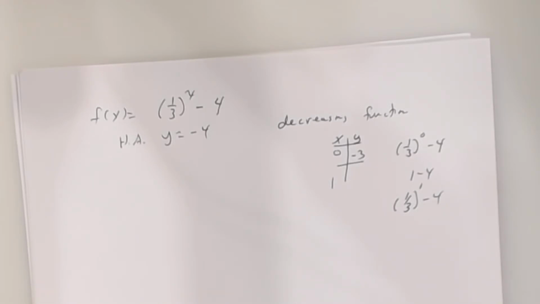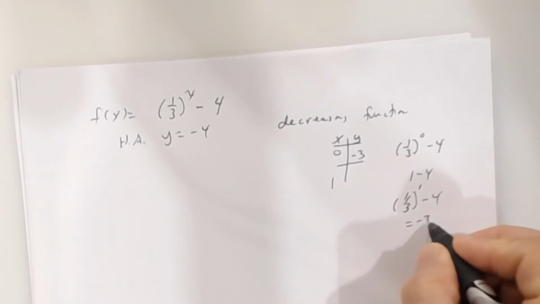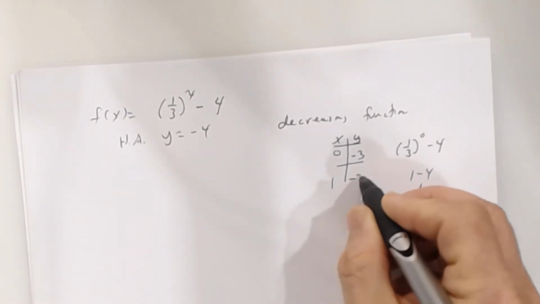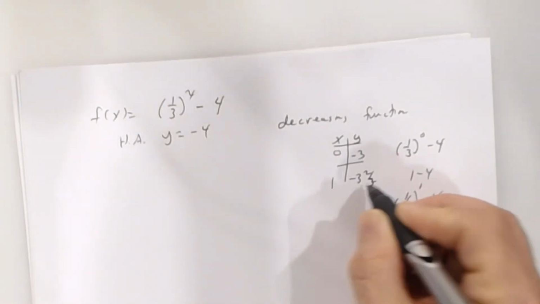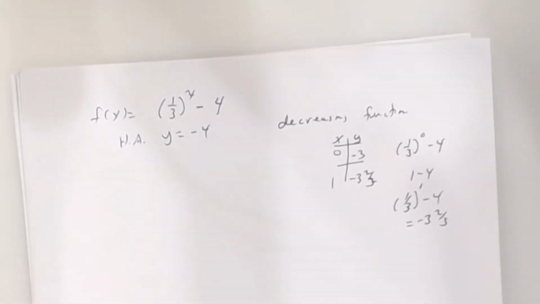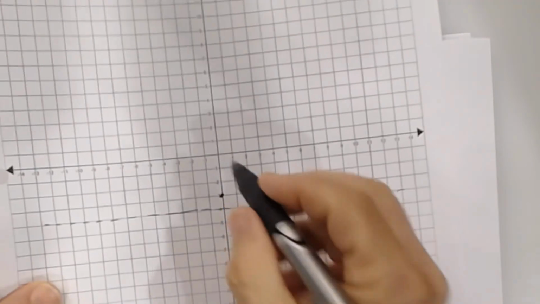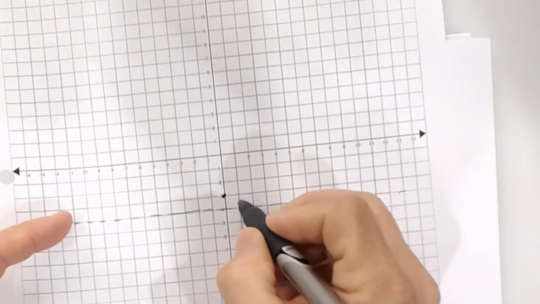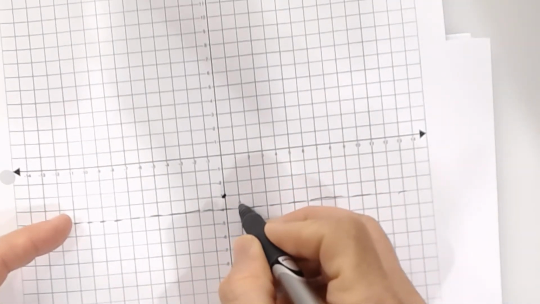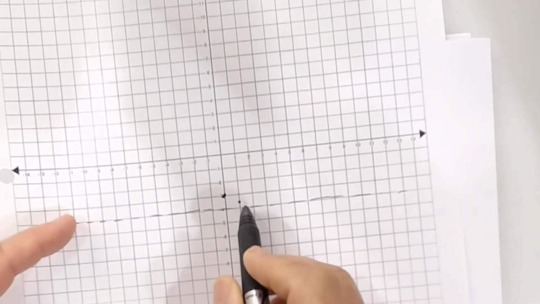Which, as a mixed number, is -3 2/3, which is -3.66666 on your calculator. So the point with x equal to 1 and y equal to -3 2/3 is about here, right?